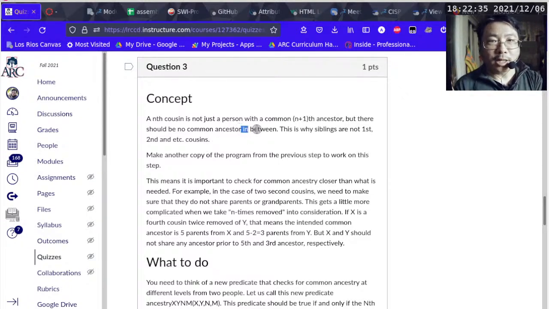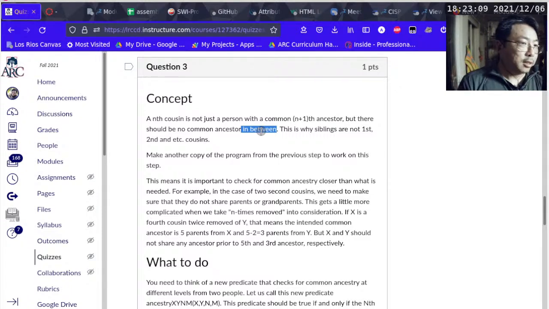Okay, so I got a question from someone, not presently in the voice channel: how can these 2 people not have a common ancestor when they are supposed to be cousins? Well, that person forgot that there is no common ancestor in between. So between the n plus first ancestor and these individuals, there should be no other common ancestors. So this keyword here is really important. Is that the question that you want me to address, On?